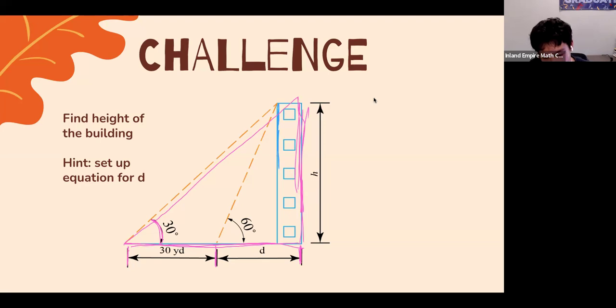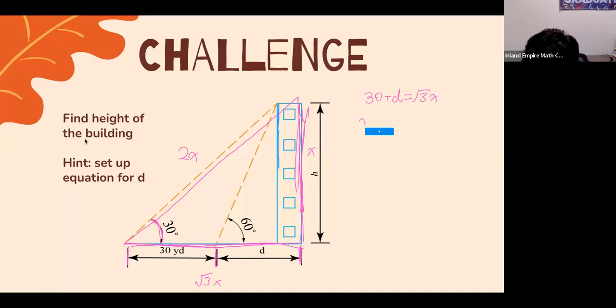Now, if we recall from our relationships, we know that the shortest length, which is in this case our h, that's x. Our longest length is 2x, and our other leg is root 3x. And so we know that 30 yards plus d equals root 3x.